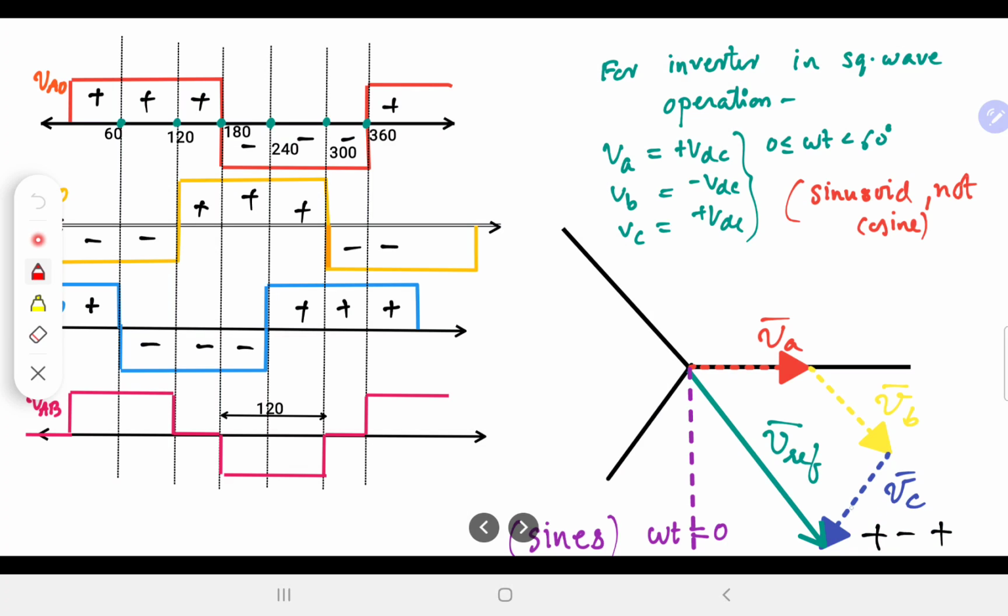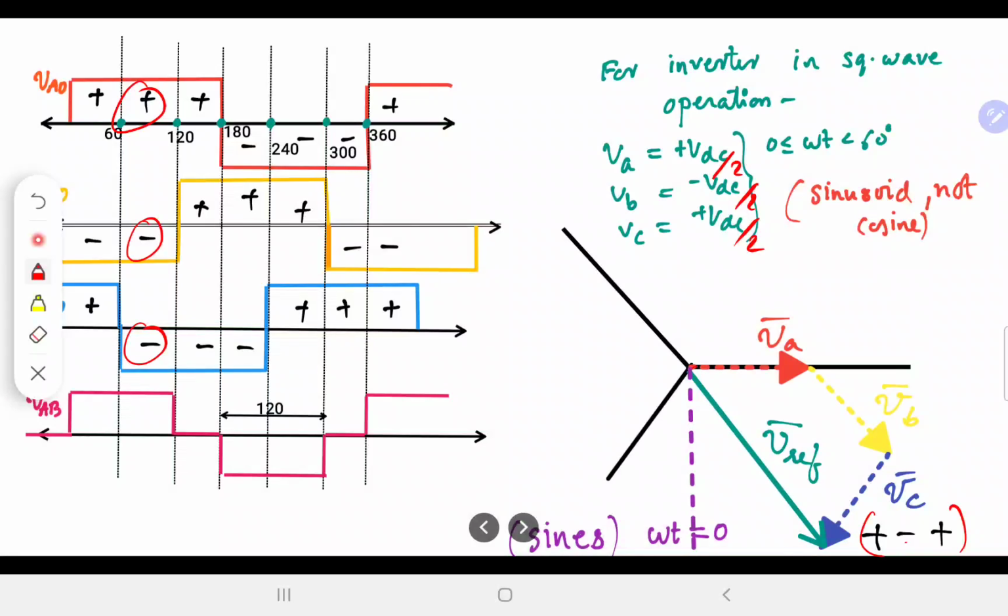Okay. So we look at the Vref at plus minus plus, this notation which represents plus VDC by 2, minus VDC by 2, plus VDC by 2, we get, okay, just let me put the by 2 here. Okay, so this is a sign which we have considered and it resulted in this vector. Now the next vector, if you choose this one, plus minus minus, okay, so what will be the outcome of that?